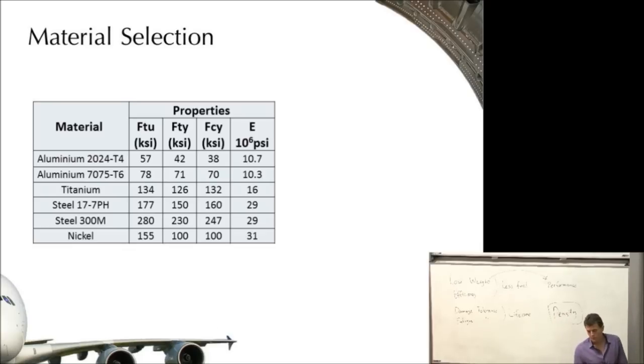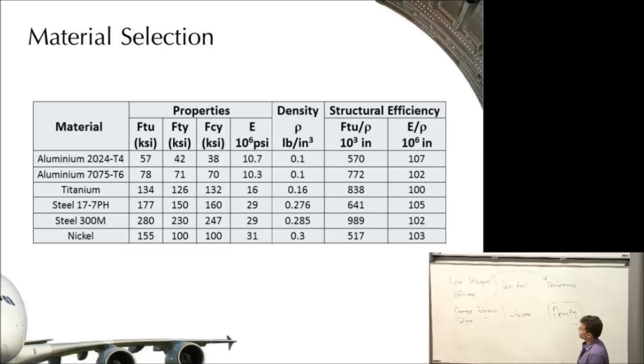So how much denser does steel have to be than aluminium before aluminium comes into the frame? Well, if we add density into the equation and we look at the specific strength and the specific stiffness of these materials, which is the strength divided by the density and the stiffness divided by the density, we can compare materials on a weight-for-weight basis.